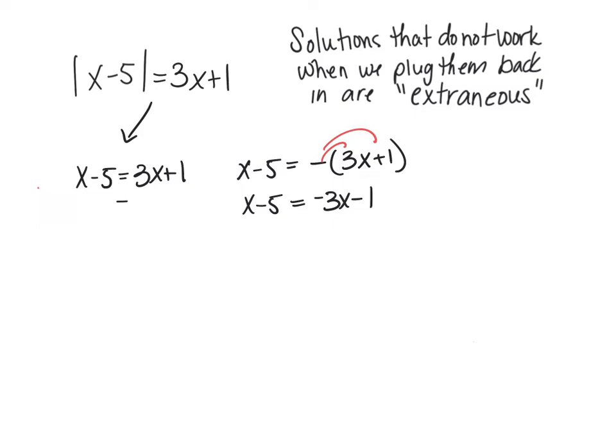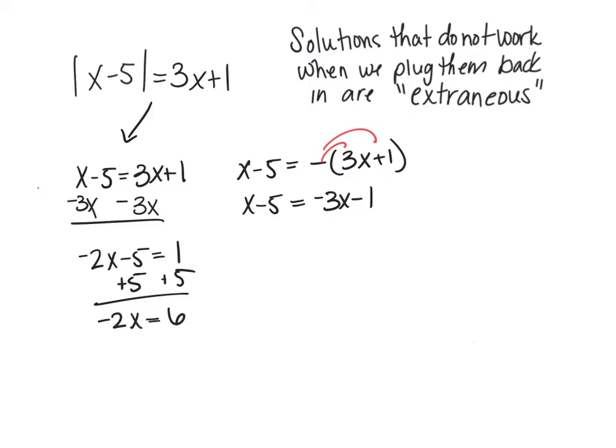And then we can solve that, minus the 3x. And I get -2x minus 5 equals 1. And add 5 to both sides. Notice that I'm showing all my steps. If I don't see your steps, then I don't know your thought process. So it's really important you show all of your steps. And so then x is equal to -3.